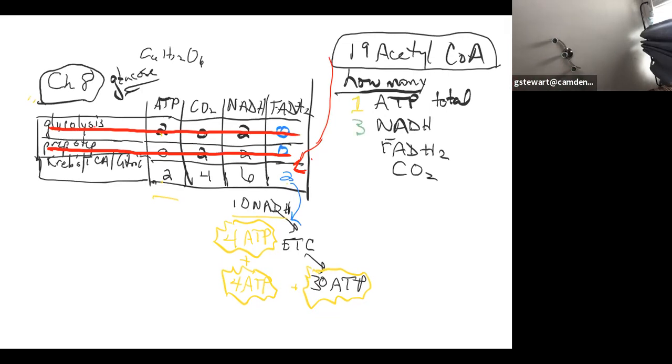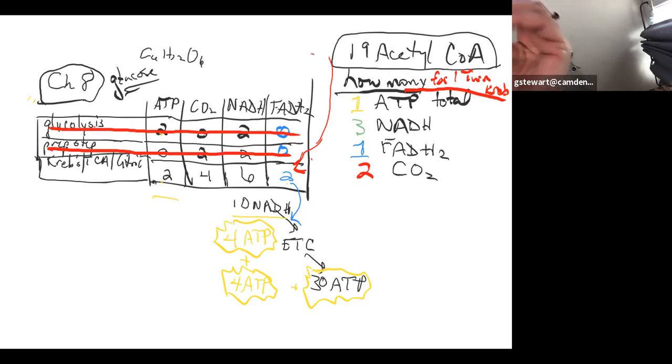So let's put that here. How many for 1 turn of the Krebs? Right? 1, 3, and we're going to make 1 FADH2, and we're going to release 2 carbon dioxides. Here I have red. 2 carbon dioxides. Okay, so if I go around the Krebs cycle 1 time, I get these many things.